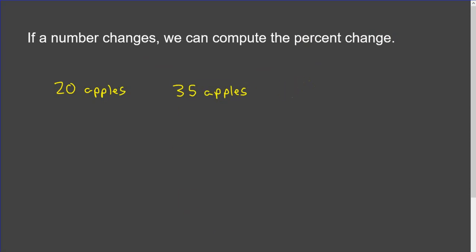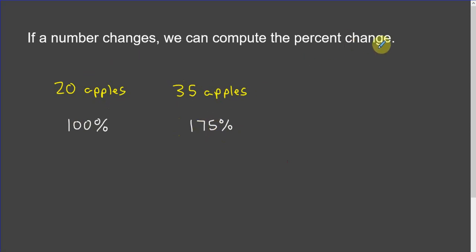So the way to think about this is, if we have 20 apples, let's say that was what we started with. That's 100%. We'll sort of connect the original number with 100%. So now we saw that 35, on the previous page, we computed that 35 is 175% of 20. So going from 20 to 35 is percent-wise like going from 100 to 175.